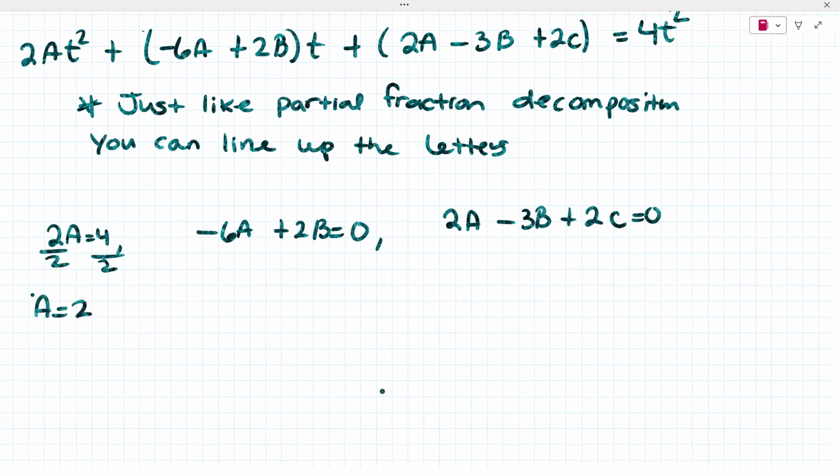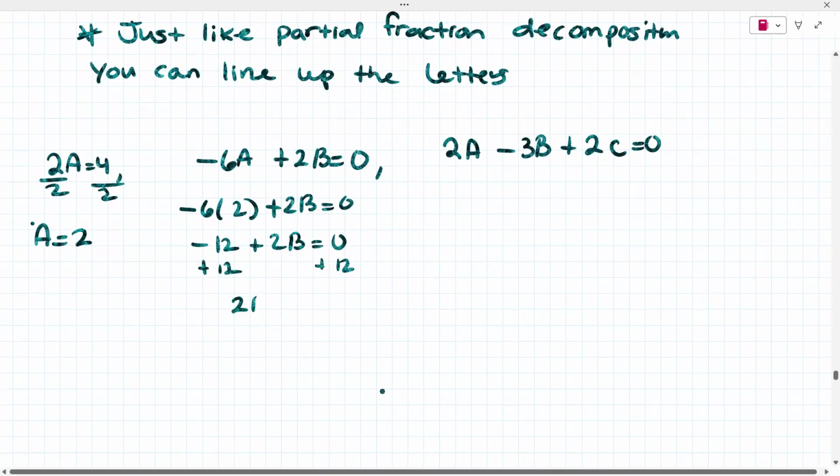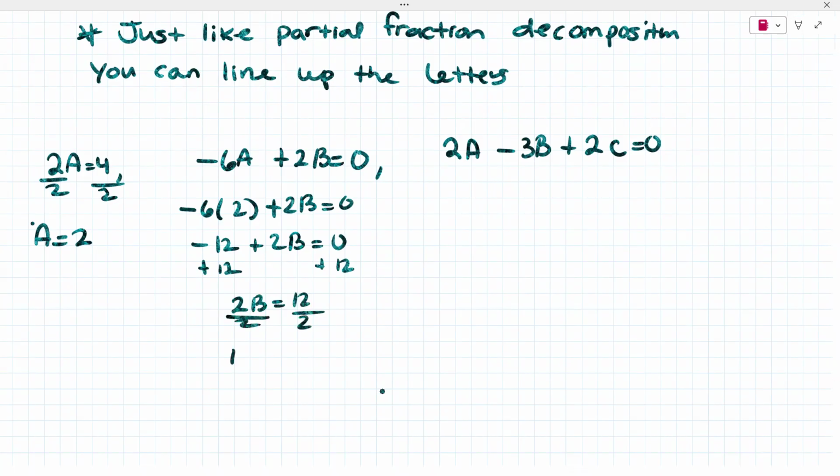Over here, you can plug in your a value, so negative 6 times 2 plus 2b equals 0. That gives you negative 12 plus 2b. Solve for b by adding 12, you get 2b equals 12. Divide by 2, you get b equals 6. Then over here, we have our a and our b, so we can plug that in.